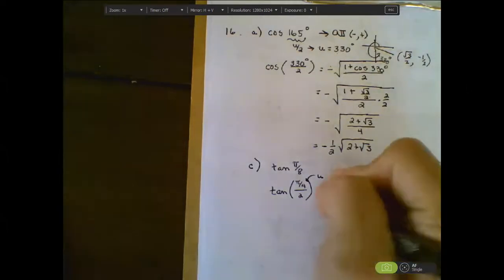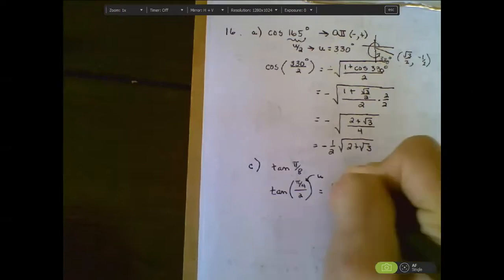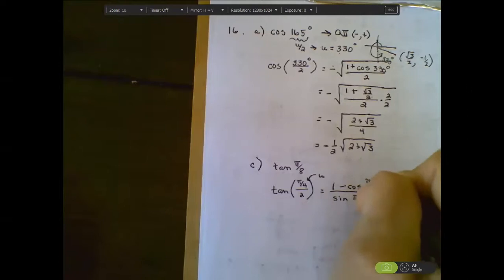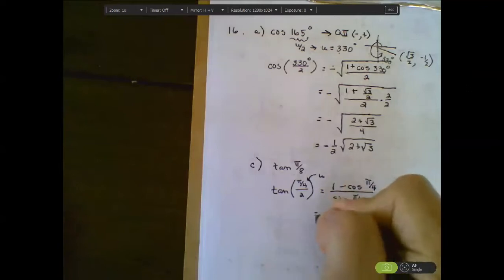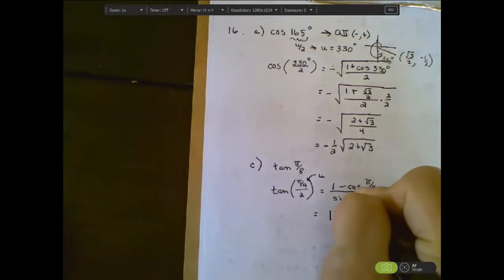The half angle formula for tangent, we have 2 of them. Eeny, meeny, miny, mo, I'm just going to use 1 minus cosine pi over 4 divided by sine of pi over 4. And you can tell me both of those values. They're both in the first quadrant. Cosine of pi over 4 is square root of 2 over 2.